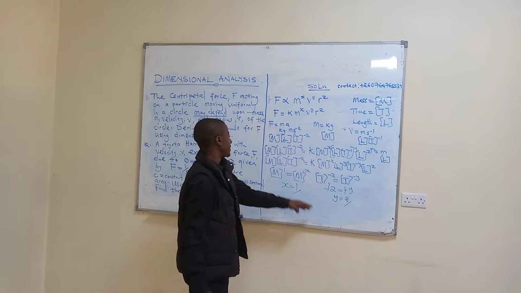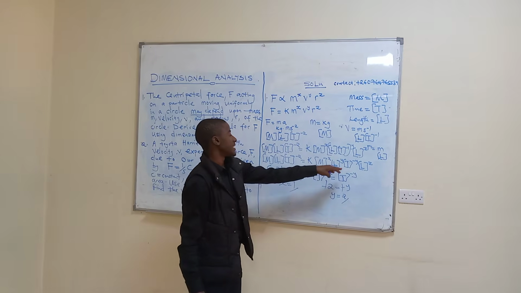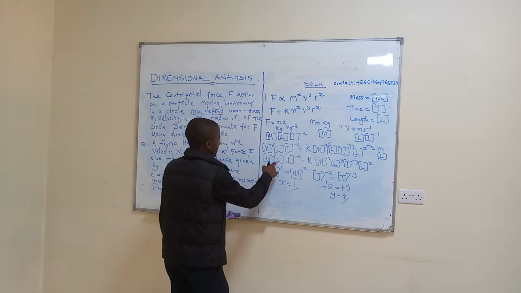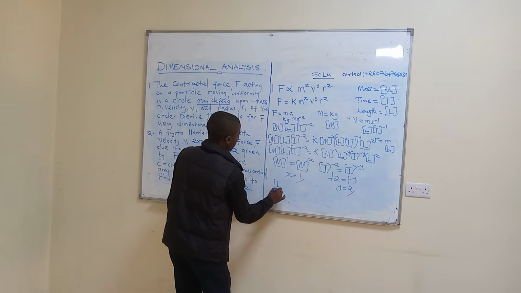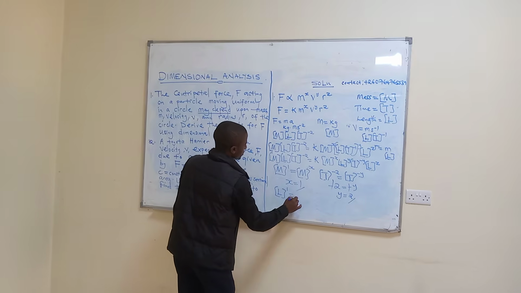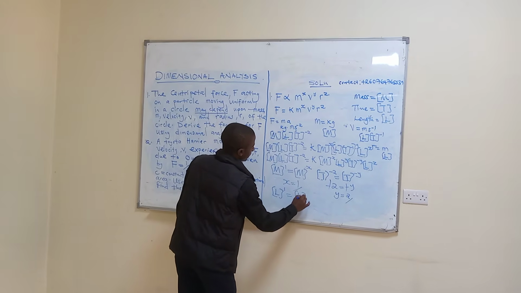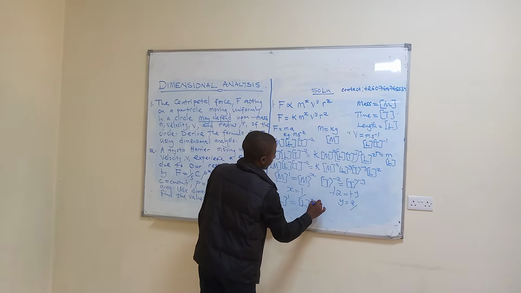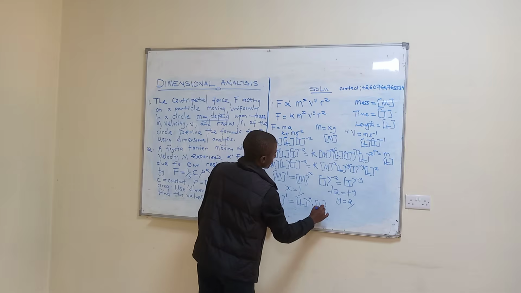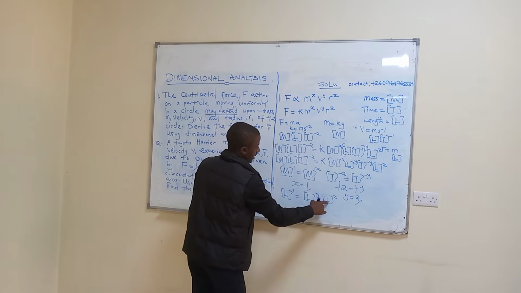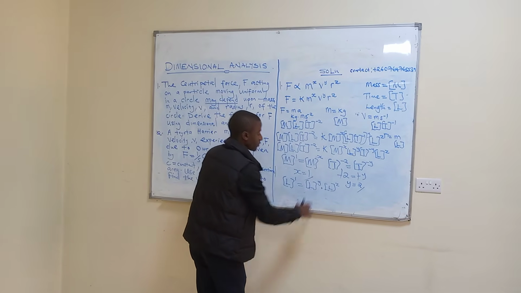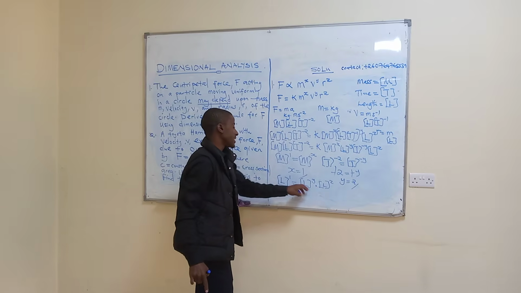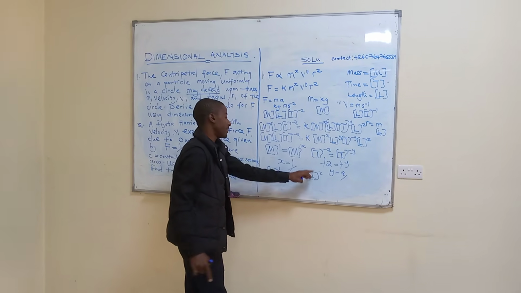Now, what about the value of z? So that is L raised to power 1 is equal to L raised to power y multiplied by L raised to power z. The bases are the same and they are being multiplied. Under rules of indices, if you are multiplying what is similar, add the power.